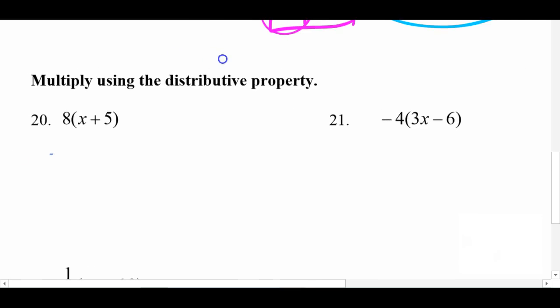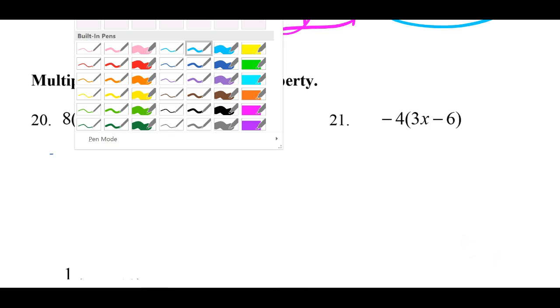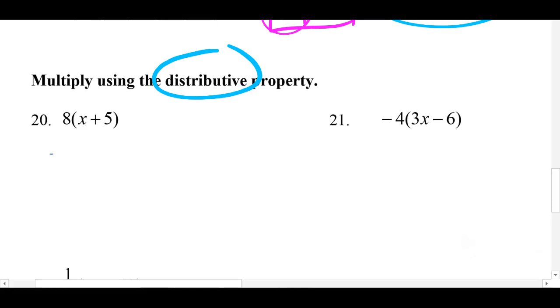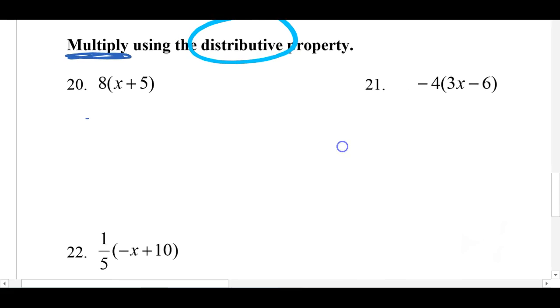Multiply using the distributive property. We've done this before. This is the last thing we did. Now, remember, it says multiply, so you're not going to do any adding or subtracting. Remember, the number is simply touching the parenthesis.